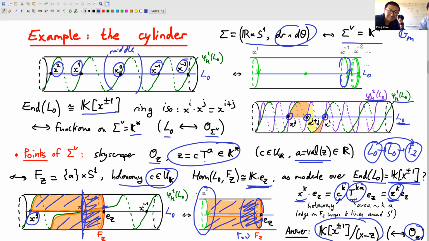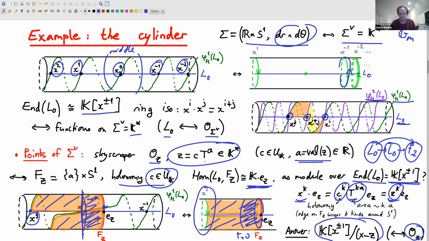Another way to do it is to just not rescale by action, but then all the formulas that I want to make look simple here would look ugly, and they would be the same under some suitable rescaling. Even in the non-exact case, even on a closed Riemann surface, there are conventions you can choose to rescale away all of these arbitrary constants and make things look neater. Okay, thanks. That's all my questions. Sure.